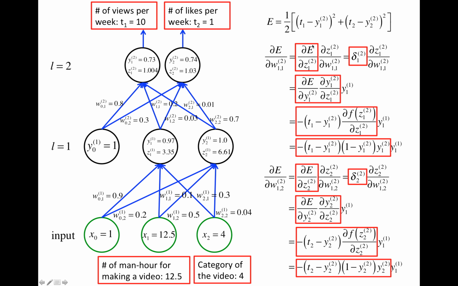The derivative of the error with respect to the logit Z21 can be obtained by applying the chain rule again, and it equals the derivative with respect to the output y21 multiplying the derivative of the output y21 with respect to the logit z21.